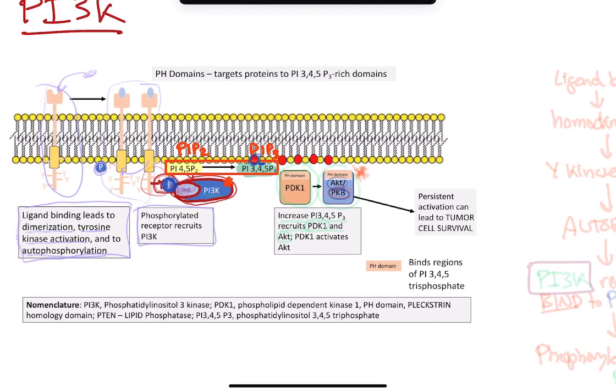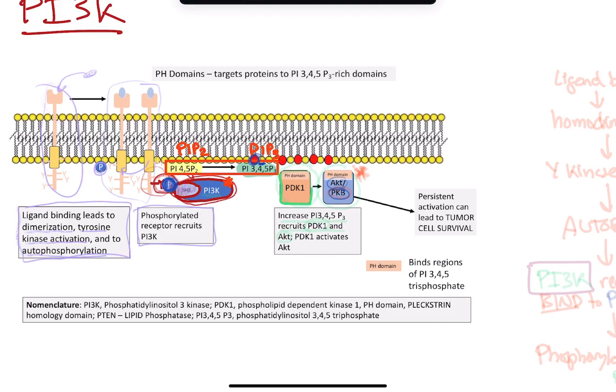So when you see AKT and PKB, they're the same thing, guys. Think PKB/AKT. When bound to the PIP3, that PKB or AKT is phosphorylated and activated by yet another protein kinase, PDK1. Here's PDK1.